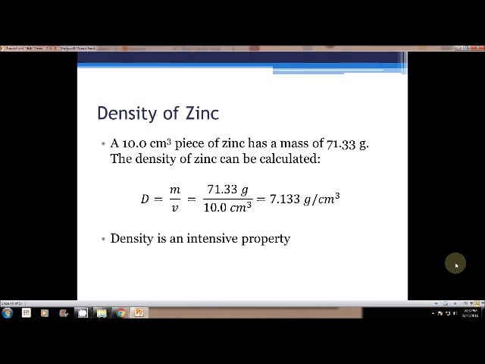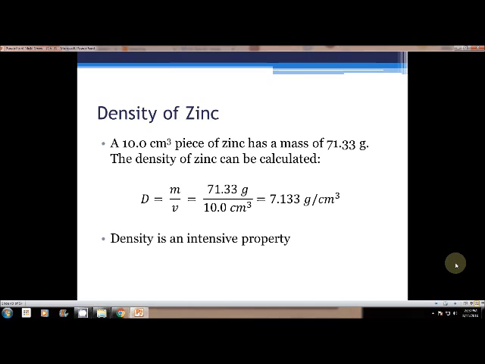Density is an intensive property. So the density of a substance will always be the same no matter how much you have, because it depends on what kind of substance it is. Okay, so for example, if we had a 10.0 cubic centimeter piece of zinc, and we can calculate the mass to be 71.33 grams, then we can calculate that density to be 7.133 grams per cubic centimeter.